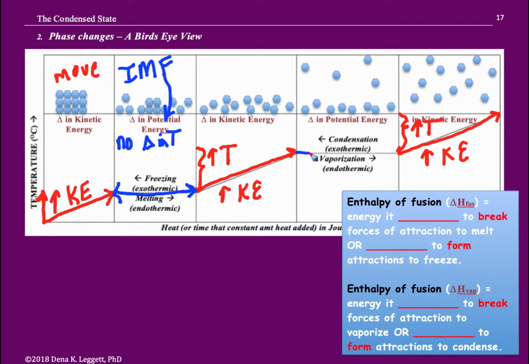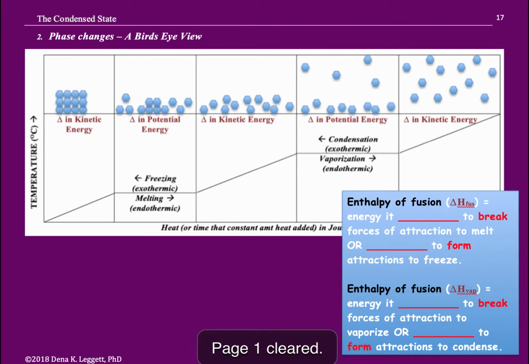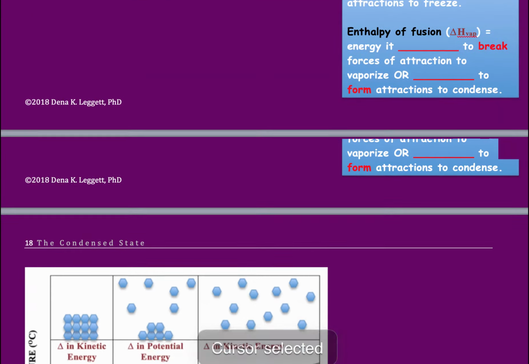And here, as we vaporize, we're breaking or forming intermolecular forces, or in the case of network covalent, metallic, ionic, we're talking about bonds. But the point is, attractions are about potential energy. So we have a change in potential energy, not kinetic energy. So that's kind of a bird's eye view of heating curves and cooling curves.